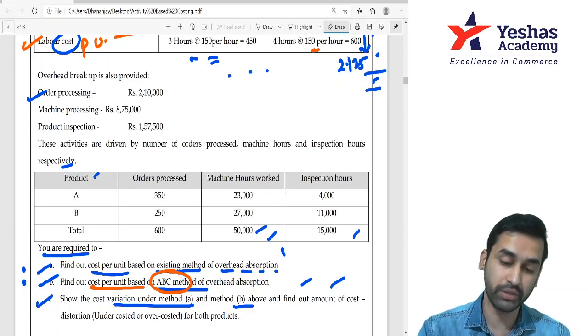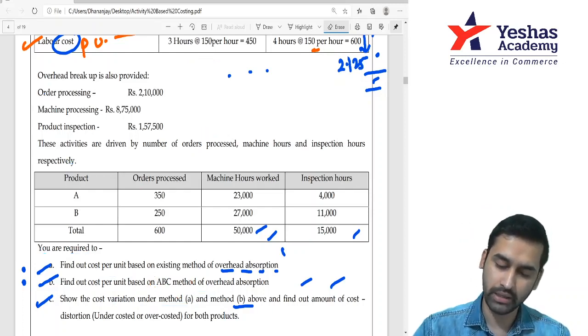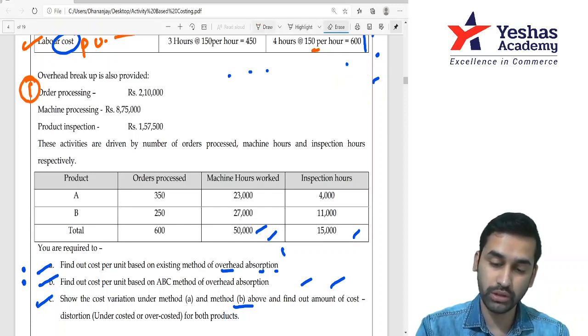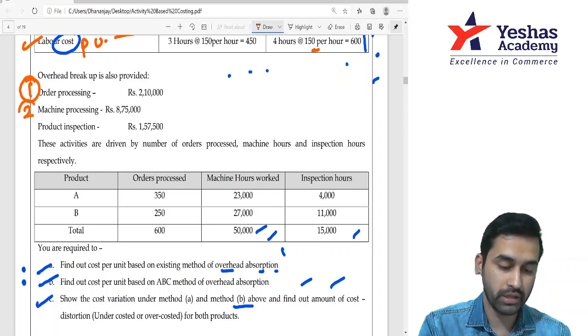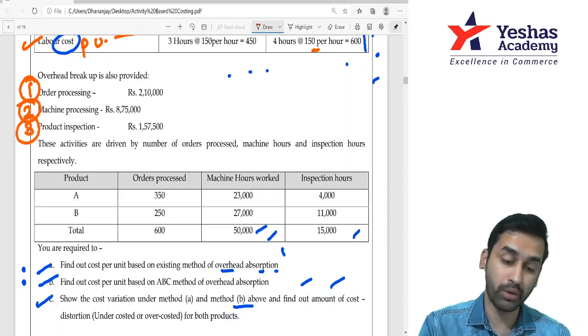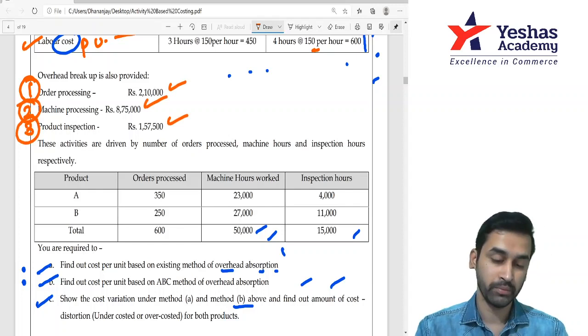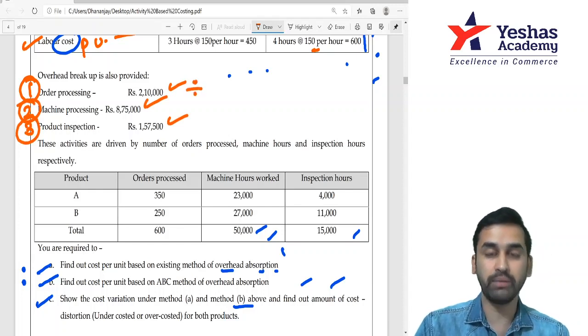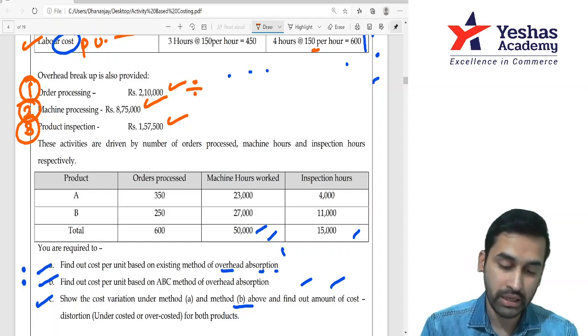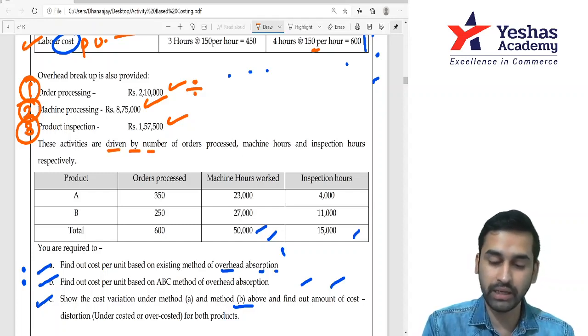Understood. First find out how many activities. Sir, 3 activities. Follow whatever I am writing now on the question book. Order processing first, machine processing second, product inspection third. The amount is also given, right? We should divide by cost driver volume. For order processing, the cost driver is the number of orders.